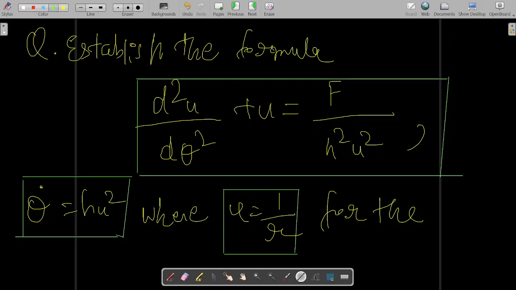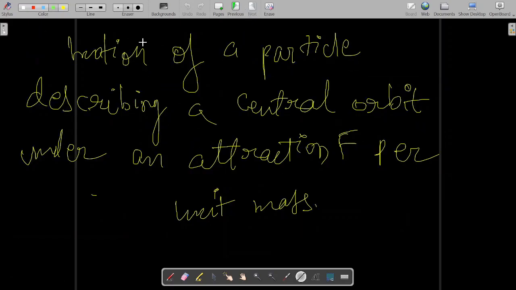We represent u by 1 by r everywhere. For the motion of a particle describing a circular orbit under an attraction F per unit mass. So let's start this question.